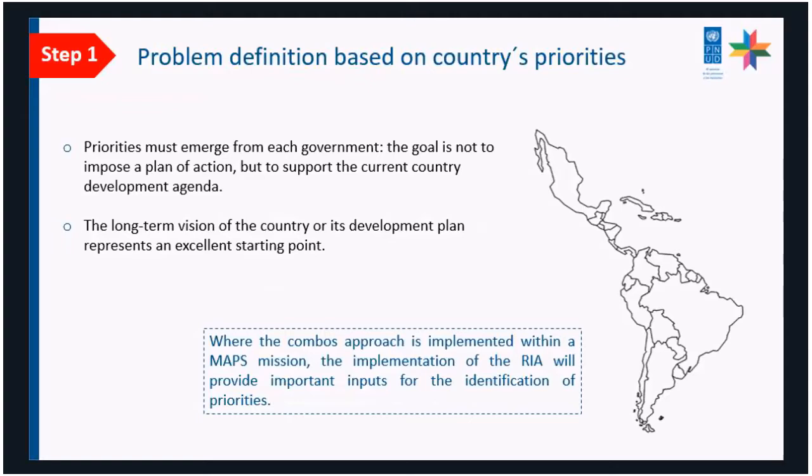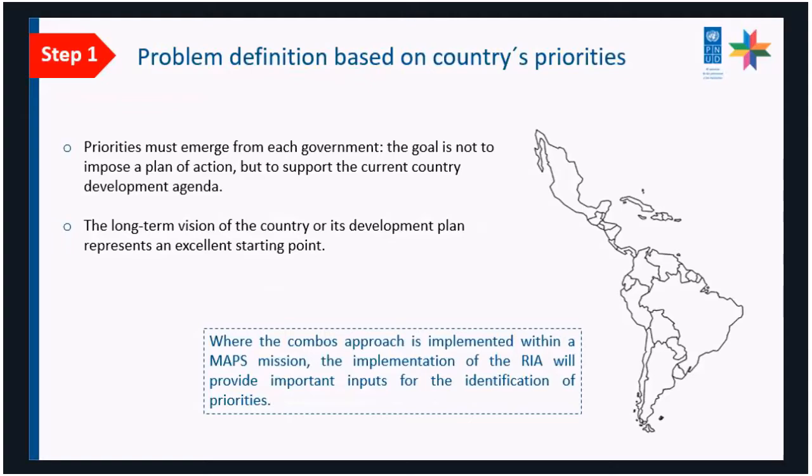We want to support the current country development agenda, and one starting point can be the long-term vision of each country, their development plan. This kind of document can be really useful to start planning, which is one area that is important to support in order to achieve multidimensional progress.